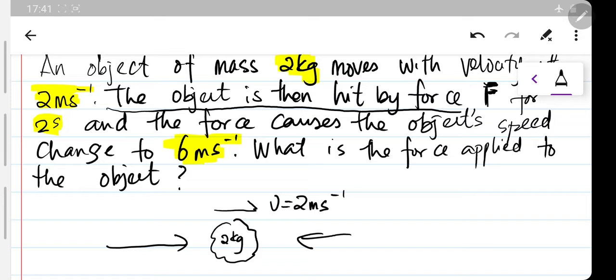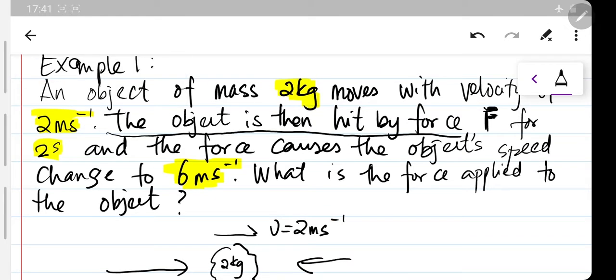So if we continue reading the question, we can determine whether it is hit from the opposite direction or the same direction. The object is then hit by force F for 2 seconds, and the force causes the object's speed to change to 6 meters per second.